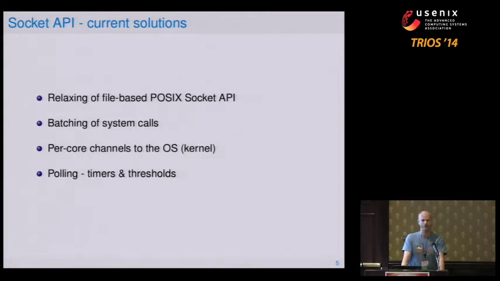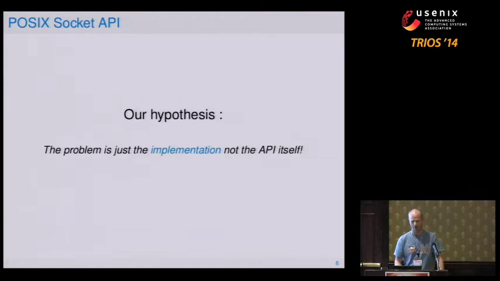The kernel then polls these channels, and to poll them, we need to set some timers and thresholds. For instance, how many system calls we batch together before we send them over to the operating system, or when we should make a system call if we cannot gather enough at once. Getting the right values for these knobs is not straightforward.